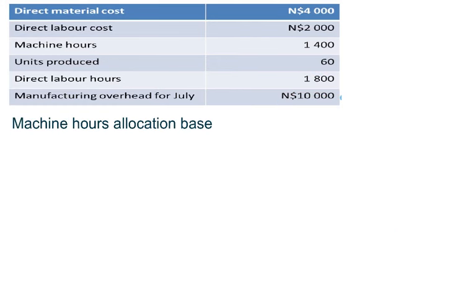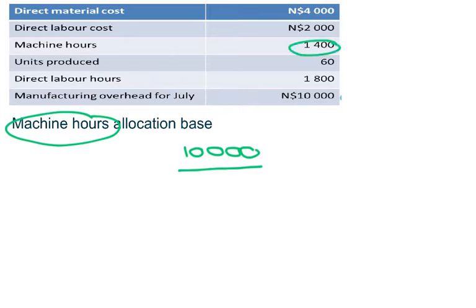Another method or allocation base is my machine hours. Again, start with your manufacturing overheads, the total divided by the allocation base, which in this example is machine hours of 1,400. If you do this calculation, you will get $7.14.